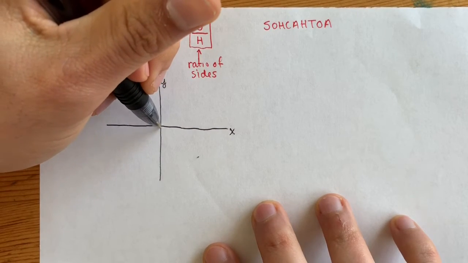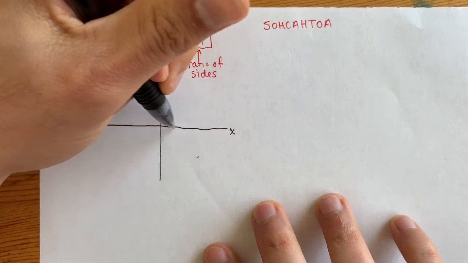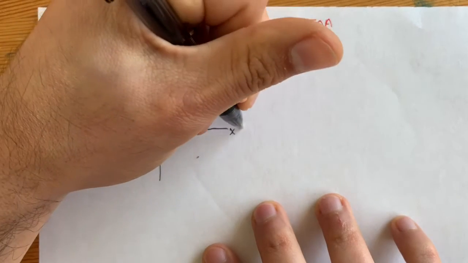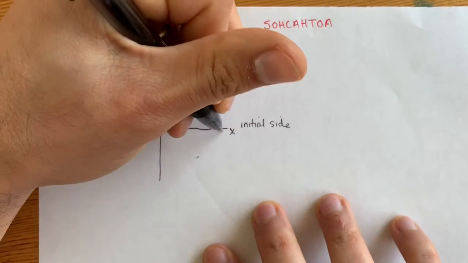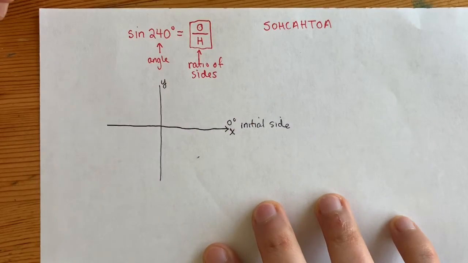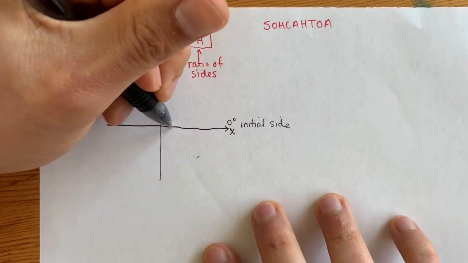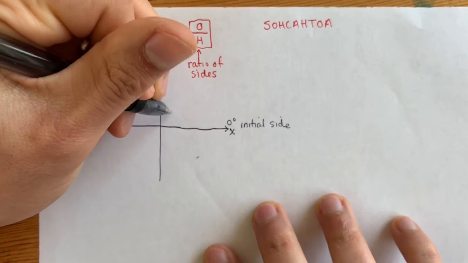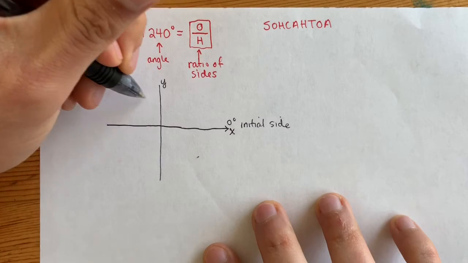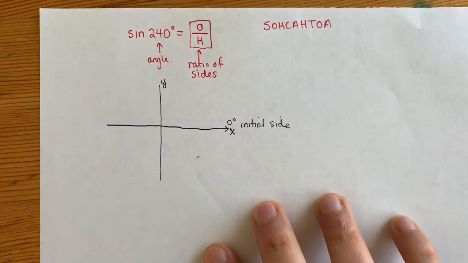First of all, this is always the initial side right here. This is where the angle starts. This would be 0 degrees right here. So you face this way, and then we move in a counterclockwise direction around in a circular motion.